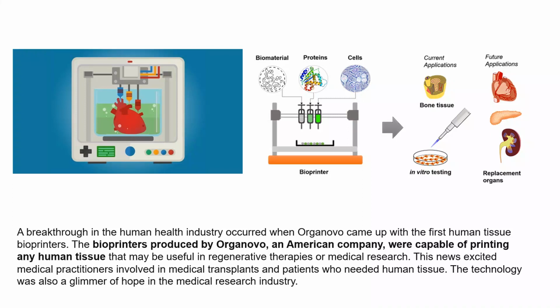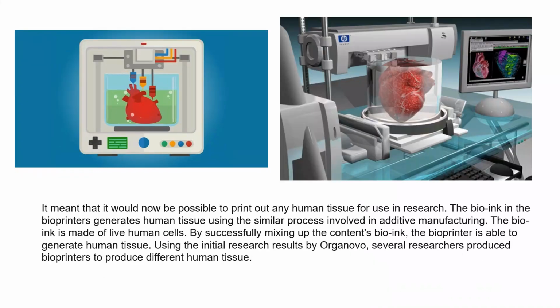The bioprinters produced by Organovo, an American company, were capable of printing any human tissue that may be useful in regenerative therapies or medical research. This meant that it would now be possible to print out any human tissue for use in research. The bioink in the bioprinters generates human tissue using similar processes involved in additive manufacturing.